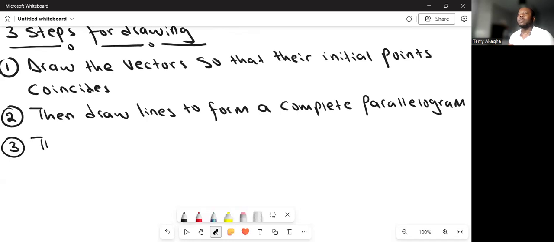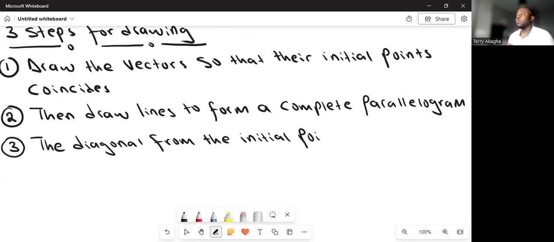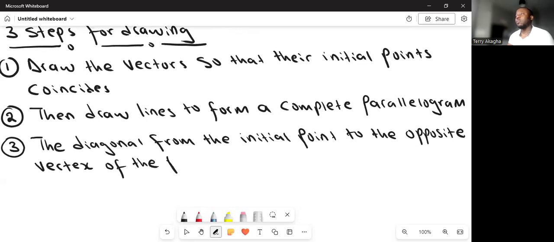So the diagonal from the initial point to the opposite vertex of the parallelogram is the resultant.